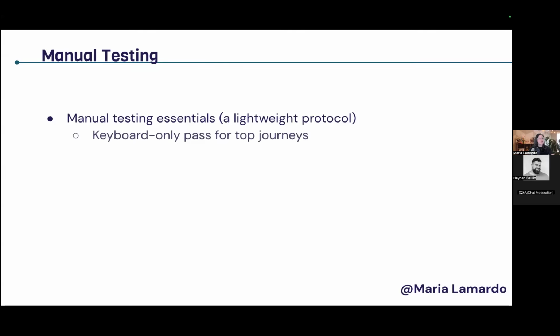So you might want to start with that to identify high volume issues, then do a structured manual test for your high priority journeys. Now, manual testing essentials include things like keyboard only run through the flow. Can you reach every control? Do you see where you are?